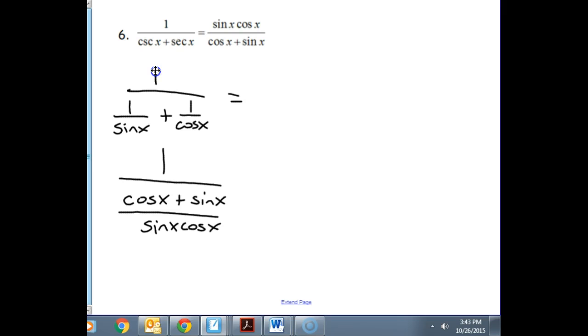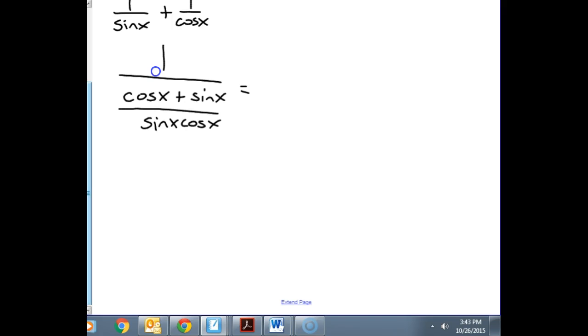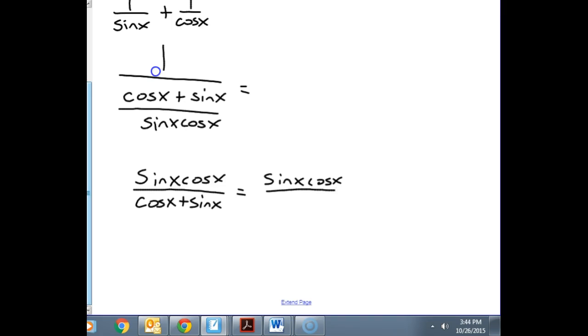What do you do whenever you're dividing fractions? You flip the bottom and multiply. So you get sine x cosine x over cosine x plus sine x. And hey, that's what we wanted. We have our little check mark, and we're moving on.